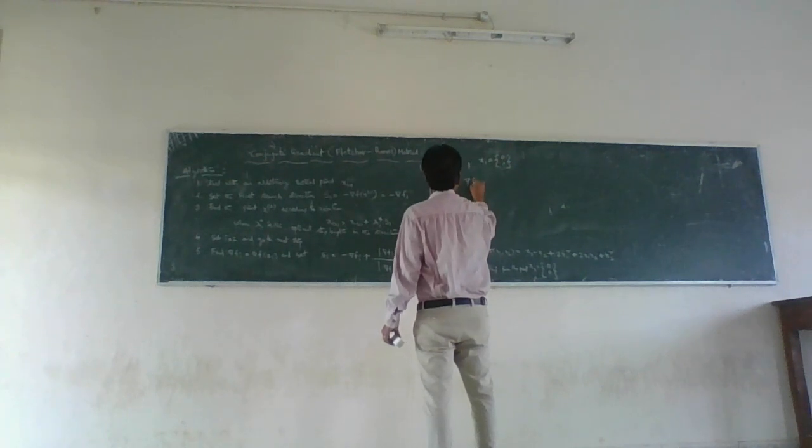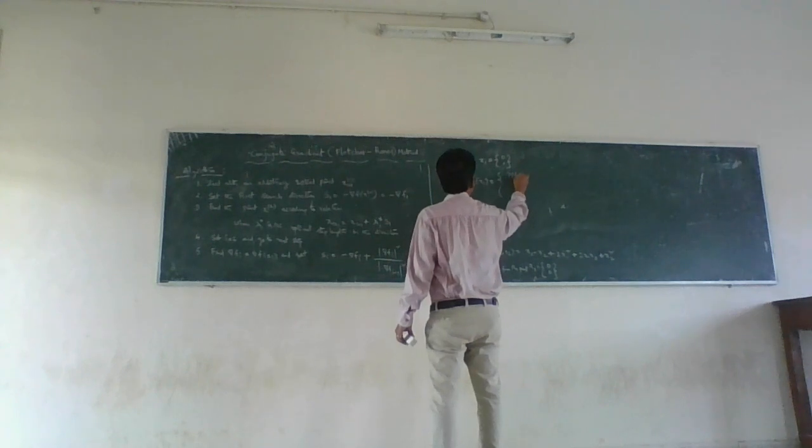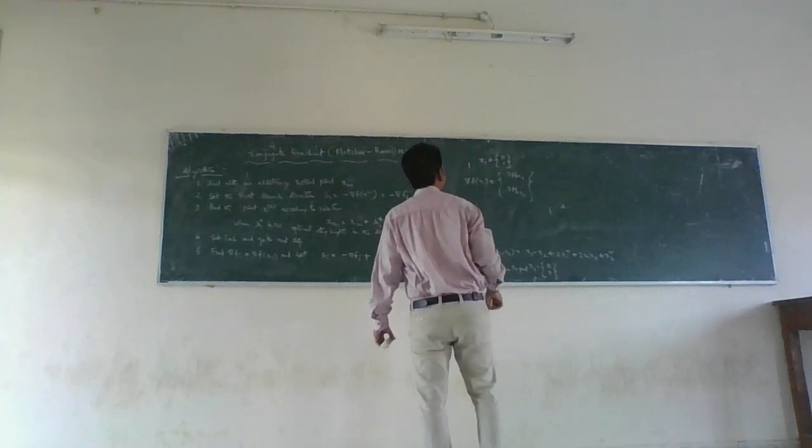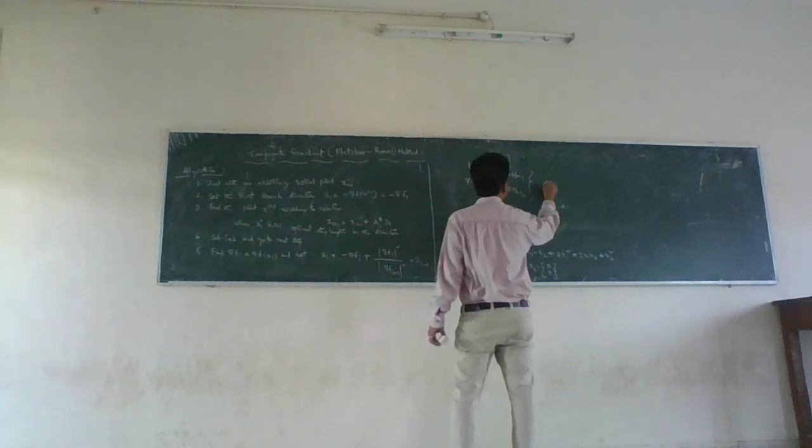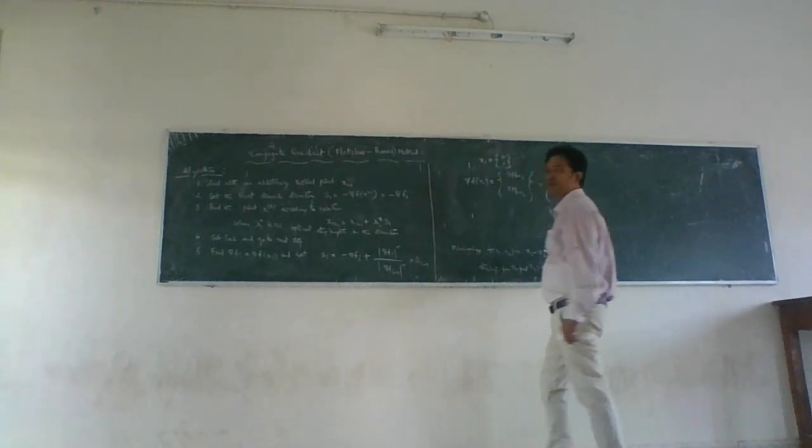Now we need to find del f at x1, that is dou f by dou x1, dou f by dou x2 at the initial value. So what is dou f by dou x1?